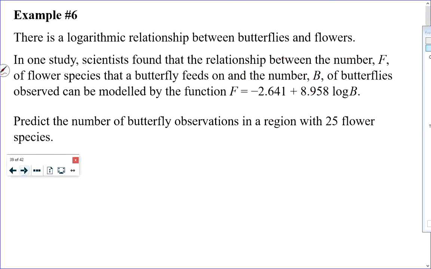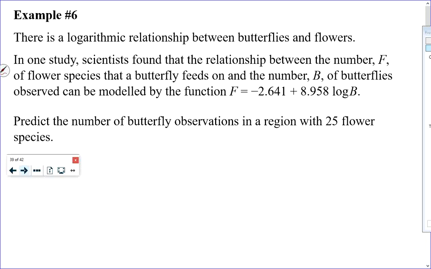It says there is a logarithmic relationship between butterflies and flowers. In one study, scientists found that the number of flower species in a region is connected to the number of butterflies in the region by a logarithmic equation.